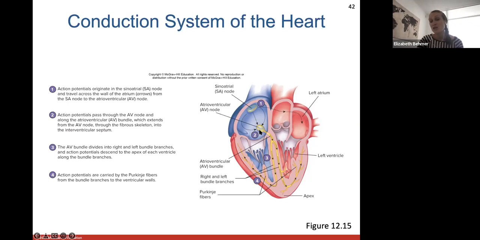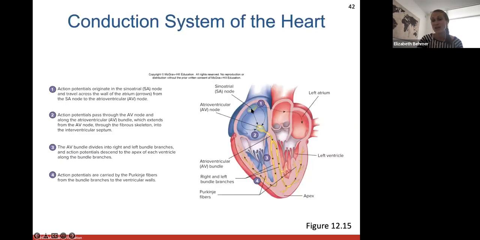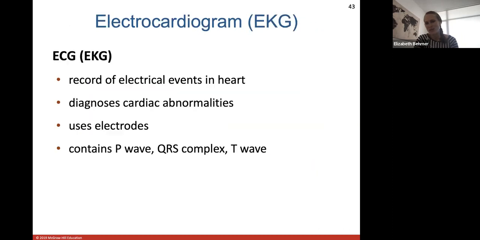Let's say you have a problem with your AV node, it just doesn't work anymore. The pacemaker wire would connect through your SA node, and it would bypass your AV node to reconnect with the AV bundle. So that wire bypasses the damage done to the AV node so that your heart can continue working the way it should. That's what a pacemaker does.